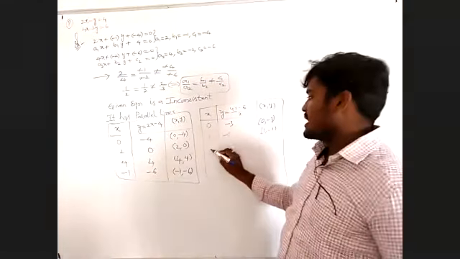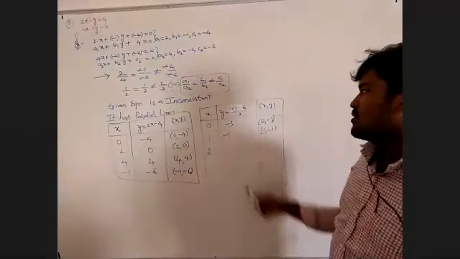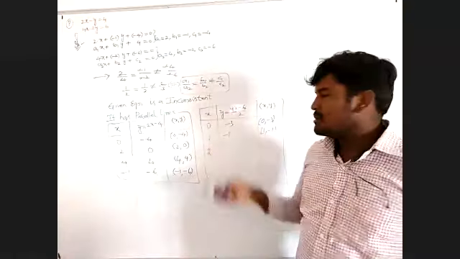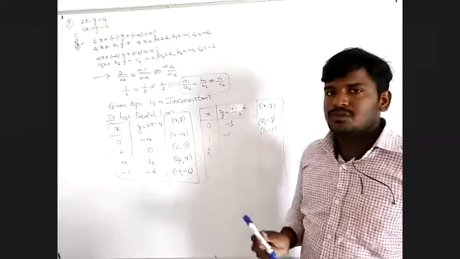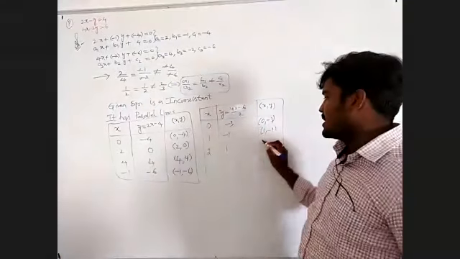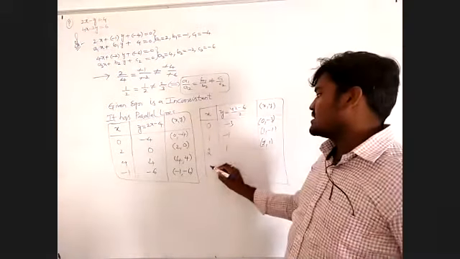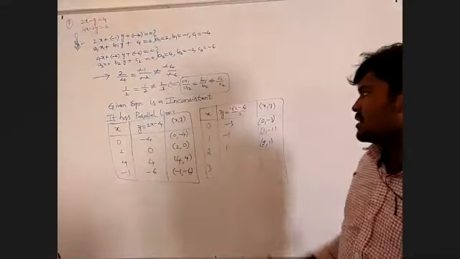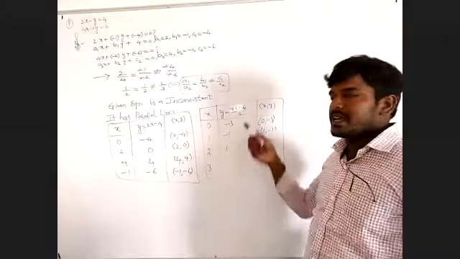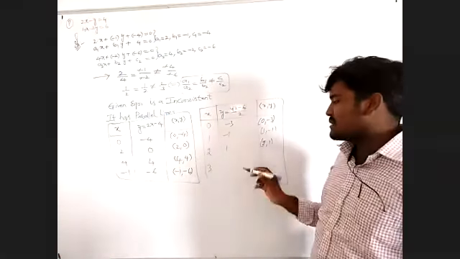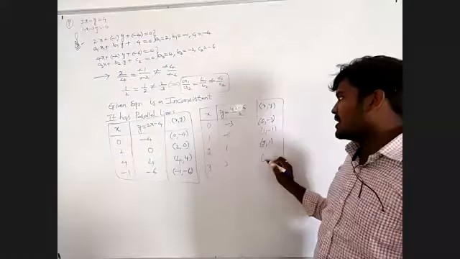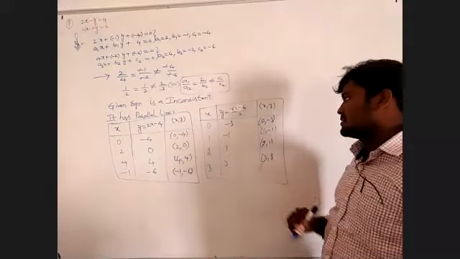Otherwise we have to take let x is equal to 2. 4 2's are 8. 8 minus 6 becomes 2. 2 by 2 becomes 1. That is the point 2 comma 1. And also let x is equal to 3. 4 3's are 12. 12 minus 6 becomes 6. 6 by 2 becomes 3. That is the point 3 comma 3.